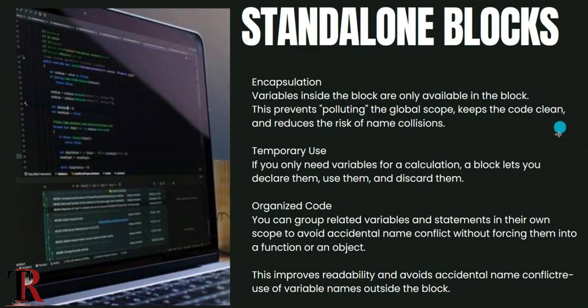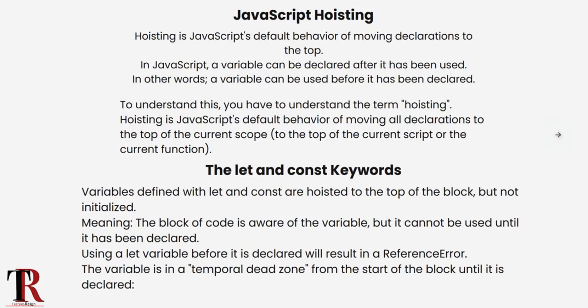Now, I want to talk about JavaScript hoisting. Hoisting is JavaScript's default behavior of moving declarations to the top. We are still going to have another video to talk more about hoisting, but we have touched on it in the previous video.